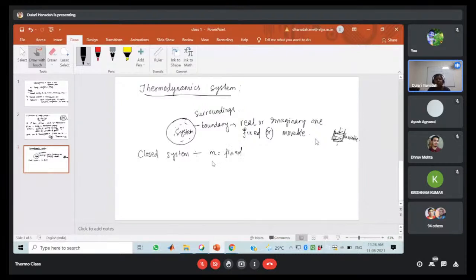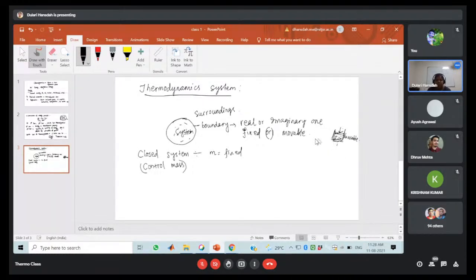This closed system is also known as your control mass. Control mass means in this case your mass is fixed. So in this case we are having the fixed or movable type of boundary.